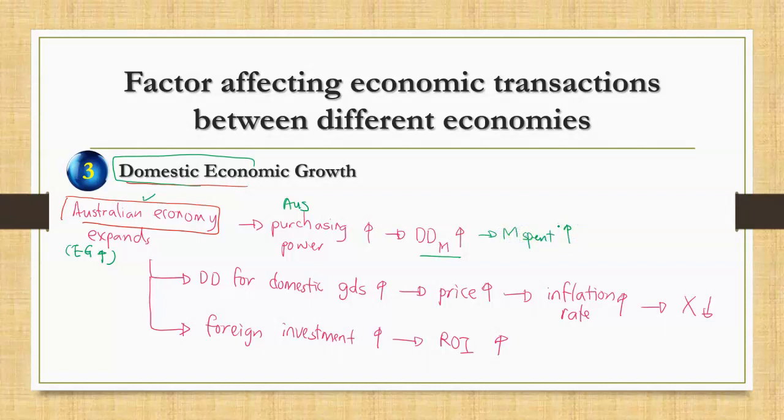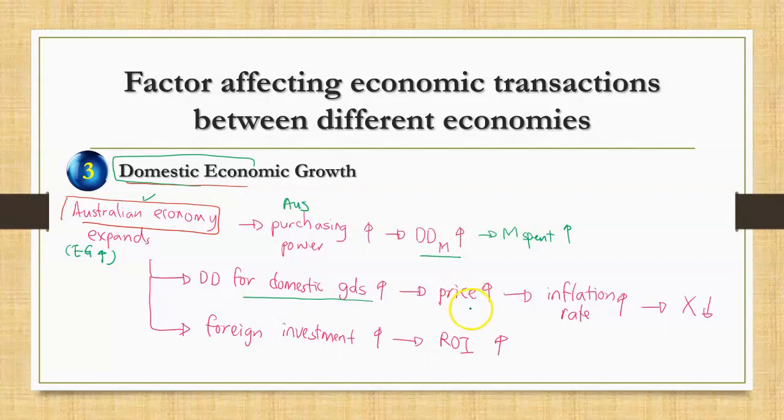Now next, if the Australian economy were to expand, we as Australians may not only buy more imported goods, we would also buy more local products. So demand for domestic goods would increase, as we buy more Australian products and spend within the economy.